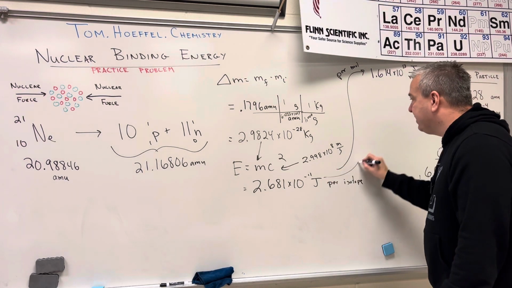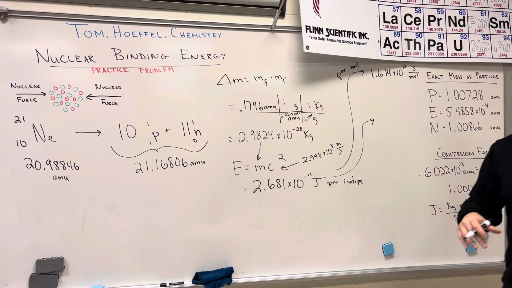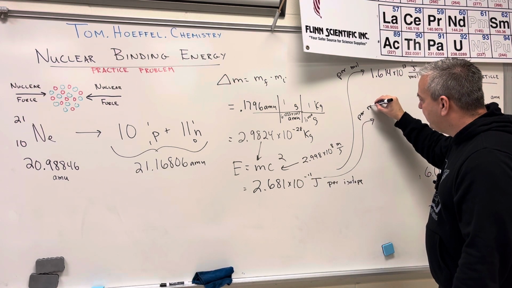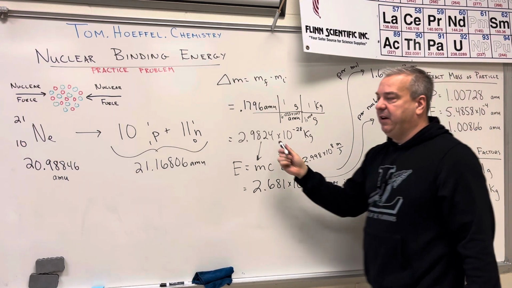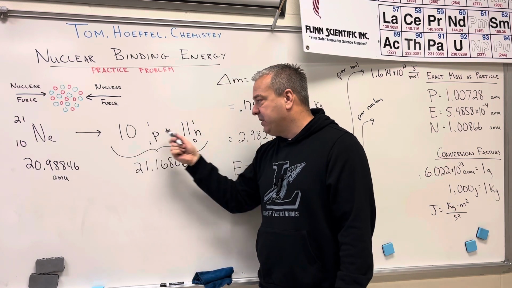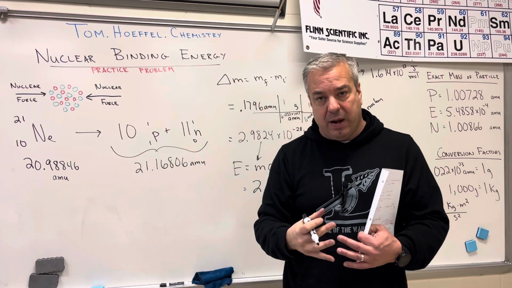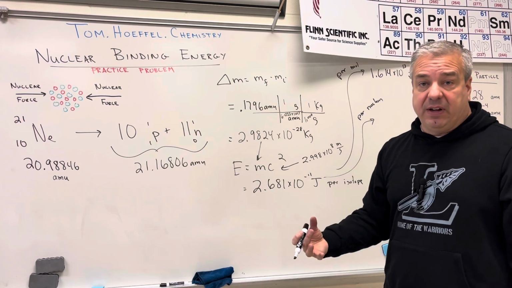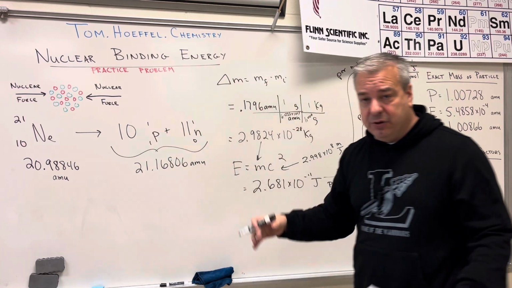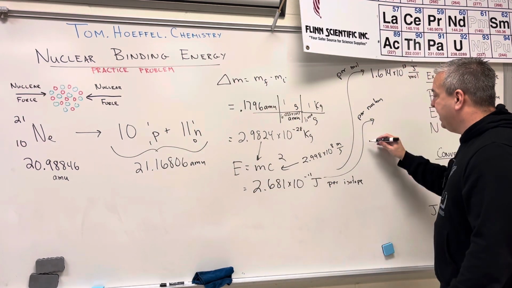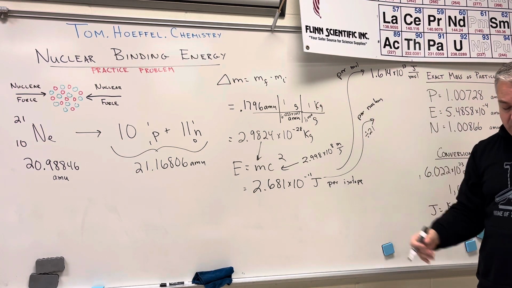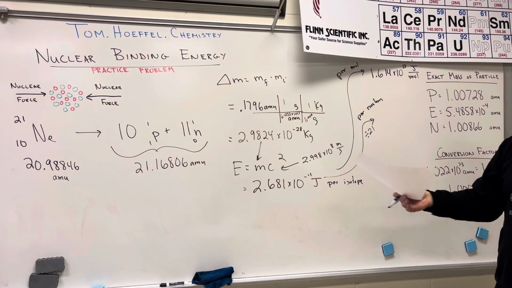And then I had to take this number, and if I was going to find out how much energy per nucleon, well, we have to figure out how many nucleons are in the neon nucleus. There's 10 protons and 11 neutrons for a total of 21 nucleons, because a nucleon is just a subatomic particle that's inside the nucleus. So we're going to take this number and divide it by 21, because there's 21 nucleons in this isotope.